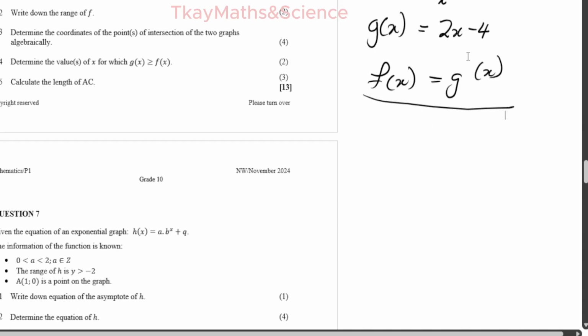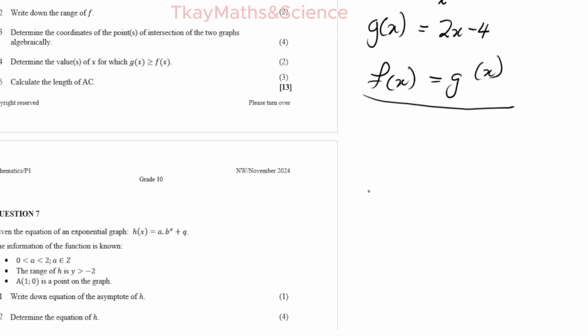So we're going to equate these two equations, because f of x is equal to g of x at their point of intersection. So 4 over x minus 2 is equal to 2x minus 4. All right. Now let's try to solve this. We're going to multiply here by x, so it comes to 4 is equal to minus 2x. Yeah, sorry for that.